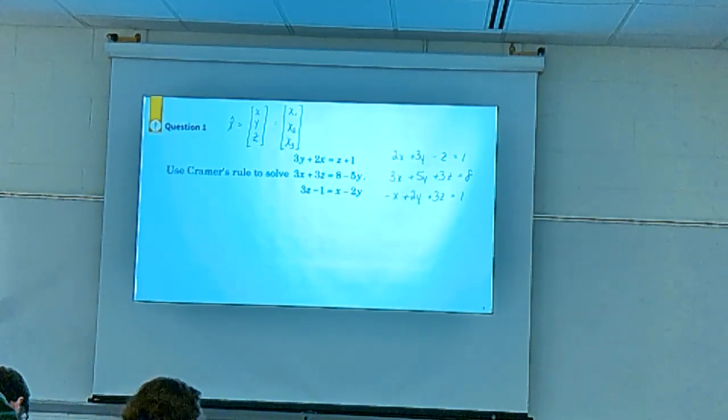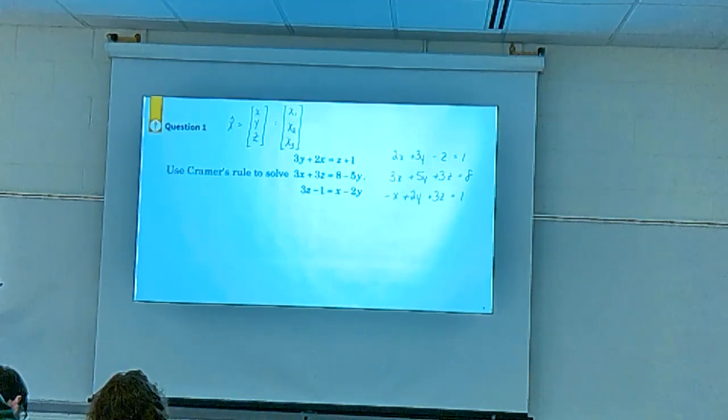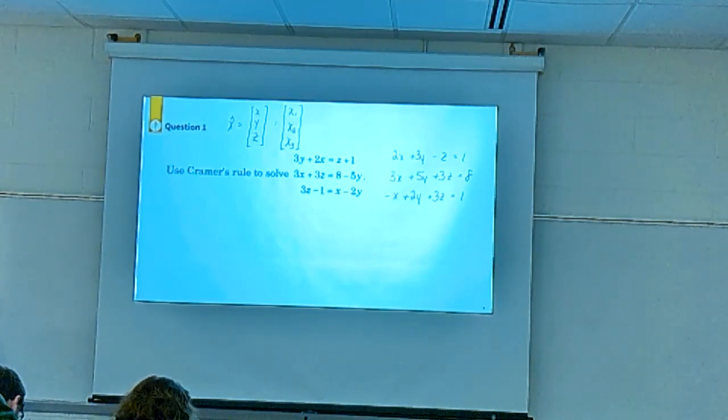Of course, that order doesn't matter, right? You could say your x vector is y, x, z, or y, z, x. That doesn't matter. You just have to set your coefficient matrix in the same kind of way.